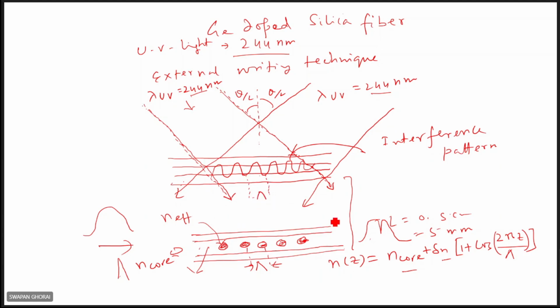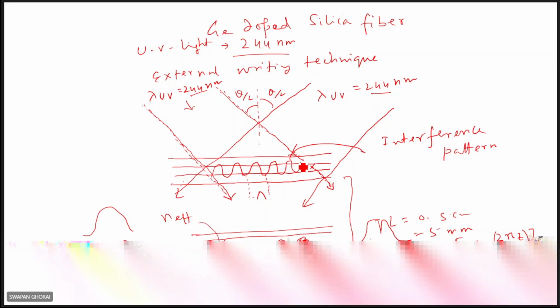In this way, you can have gratings within the fiber, but the grating length can be a few centimeters, maybe 1 centimeter to 10 centimeters. There are different types of gratings. A normal fiber grating is a few centimeters, maybe 1 or 2 centimeters.